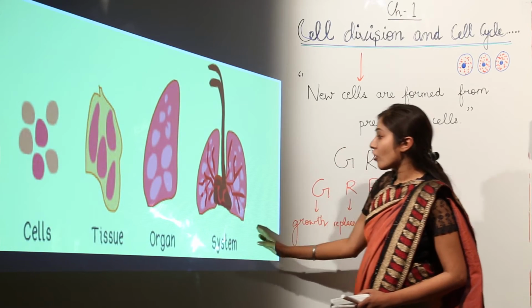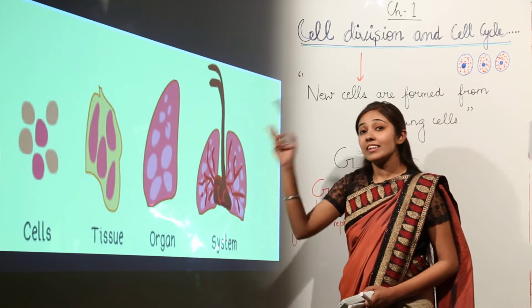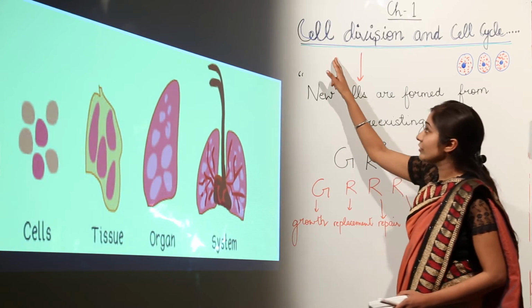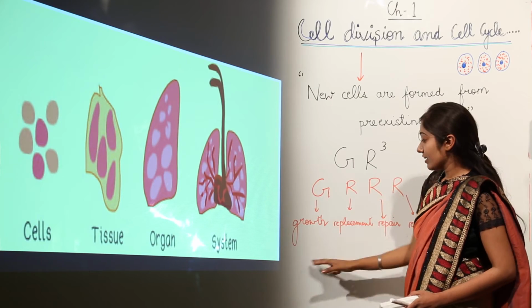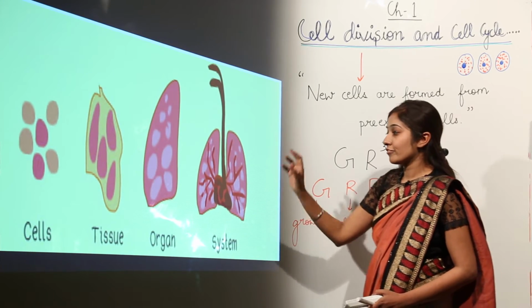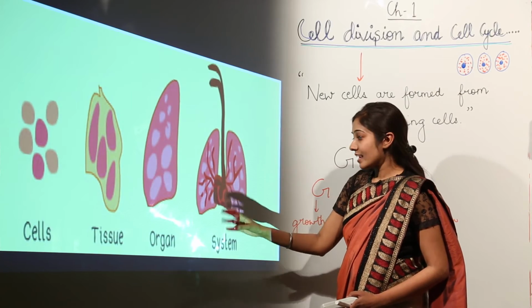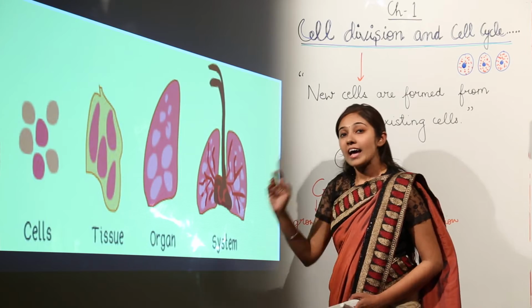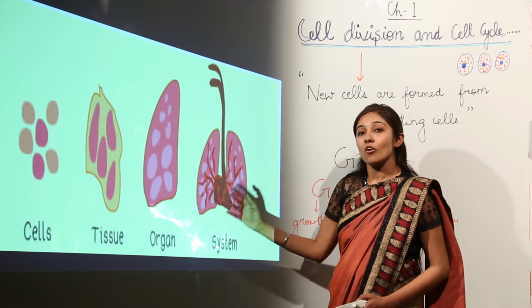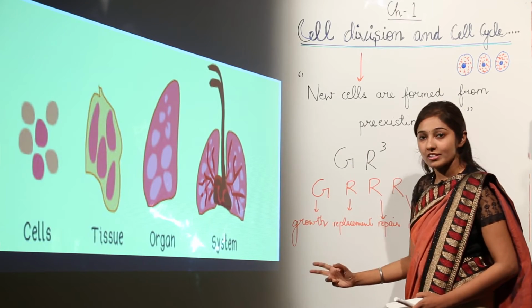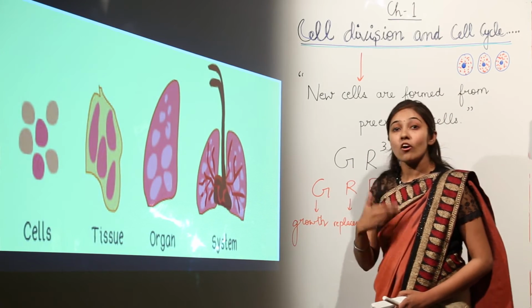For this formation of organ systems and then a complete organism, we need cell division. So, that is why we need cell division for growth, meaning formation of tissues from cells, organs from tissues, organ systems from organs, and a complete organism from organ systems. So, cell division is important for the growth of an organism.